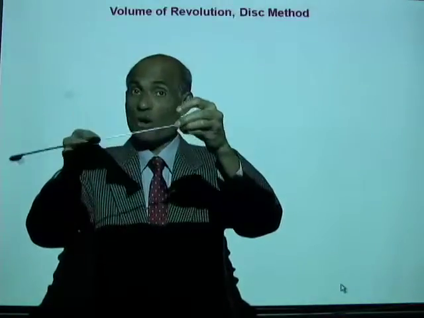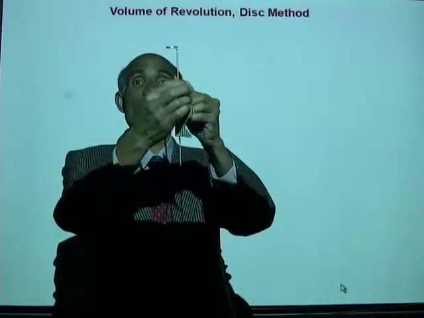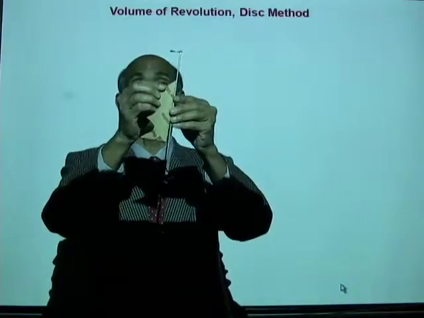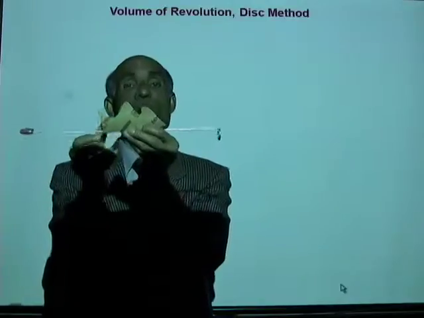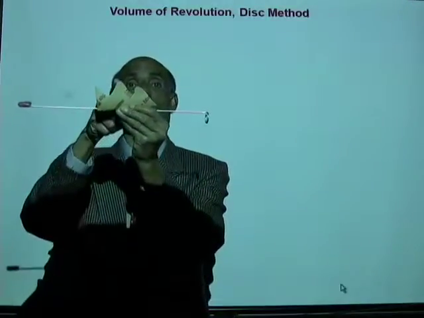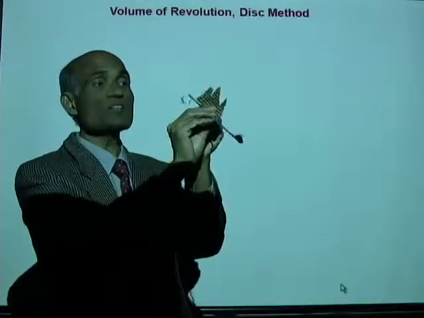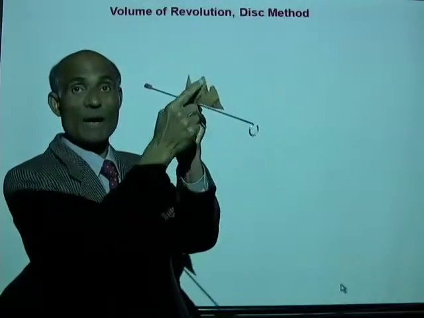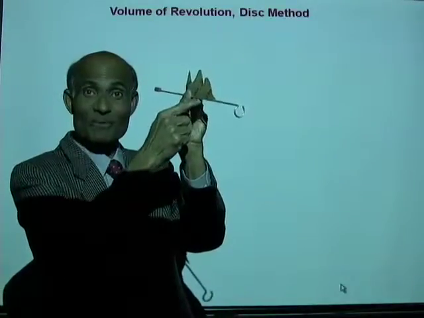Well, we not only revolve about the x-axis, you can also revolve about the y-axis. Now, you must understand that in the normal way of representing a function, this height here is generally called y. Is that right? This is y, which is the function value.